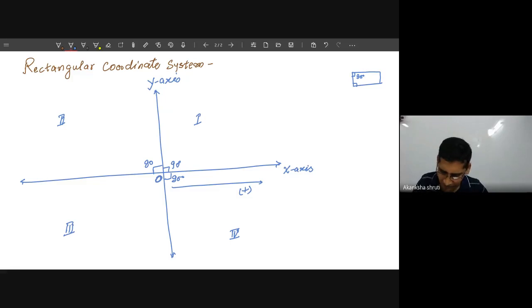All the lengths that we measure to the left of this origin are negative. Similarly, considering the x-axis or horizontal line as a reference, all the distances in the upward direction are taken as positive, and all the distances in the downward direction are taken as negative.